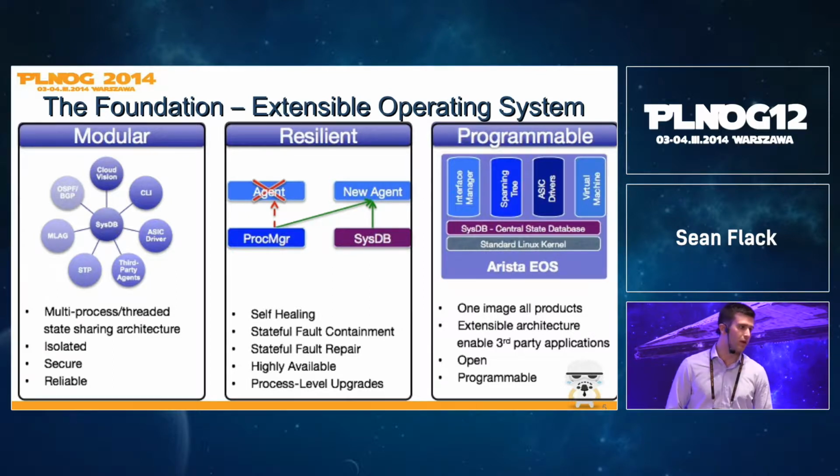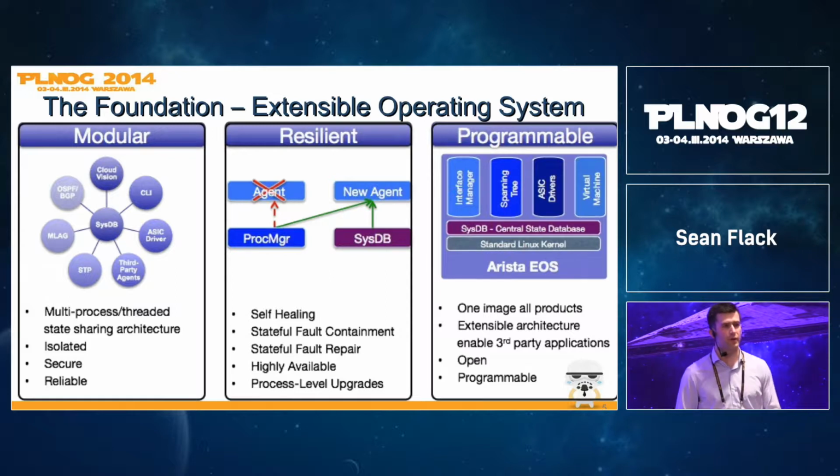What this meant is that we could look at the way operating systems are created and start from scratch. So we decided to make our operating system completely Linux-based, meaning that it's completely unmodified as well. You can take a Fedora package, drop into the bash shell, load the package up, and away you go.